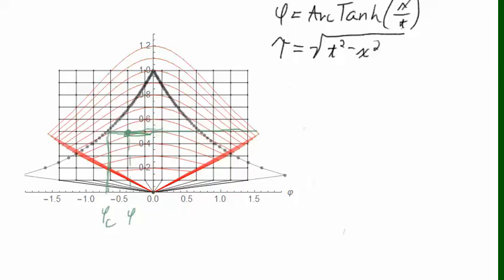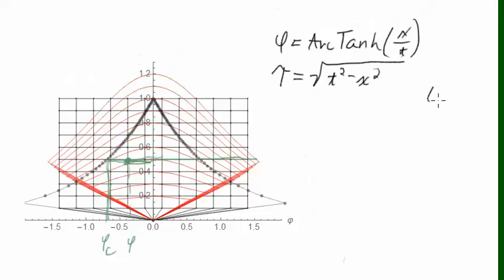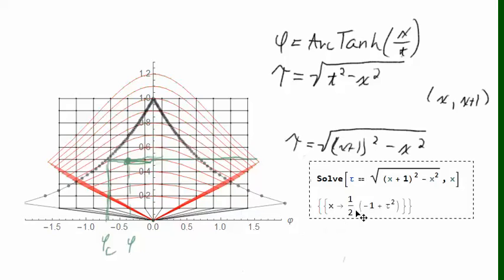So we'll use that same point, which was x comma x plus 1, but this time we'll be doing tau equals square root of t squared, that is x plus 1 quantity squared, minus x squared. And solving that, x comes out to be tau squared minus 1 over 2.